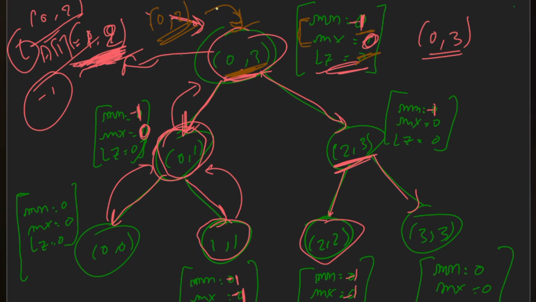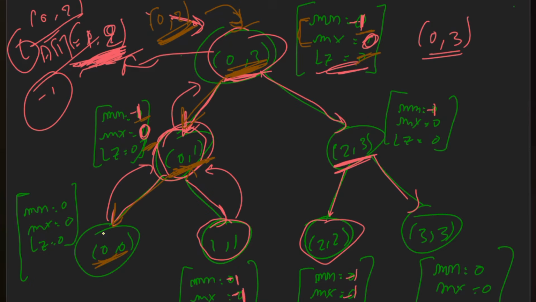Third case: is L equal to R? No, L is not equal to R, so it will call its left child 0 comma 1. Again we check those two cases. 0 comma 1 and 0 comma 2 have some overlapping, and here also minus 1 and 0. Then third case: L is equal to R? No, so it will call its child.